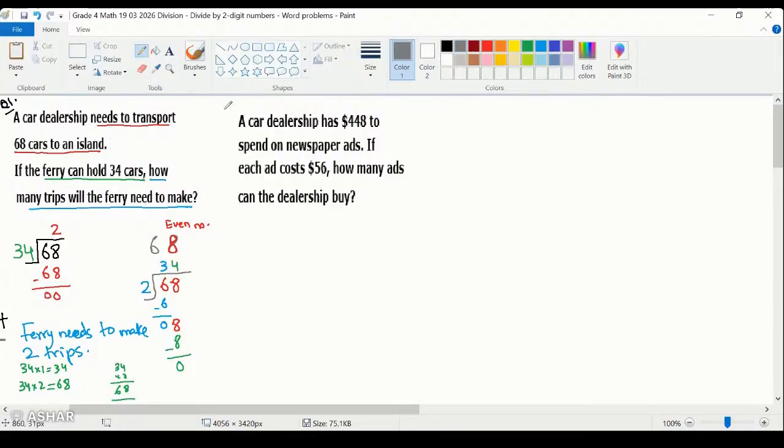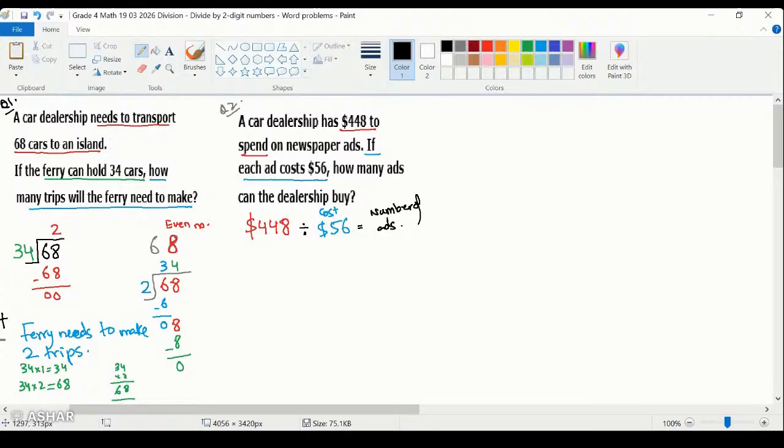Question number 2. It says they have $448 to spend. If each ad costs 56, we need to divide 448 by the cost per ad, $56, and we will get the number of ads they can buy.